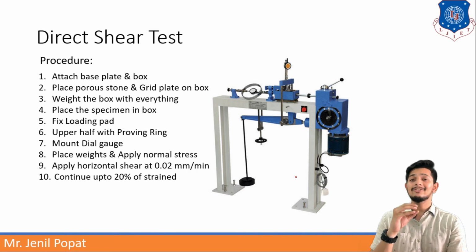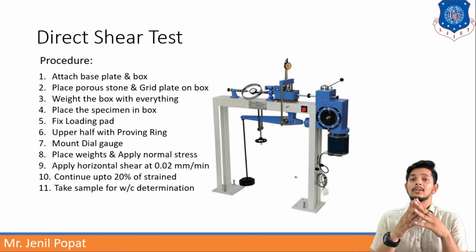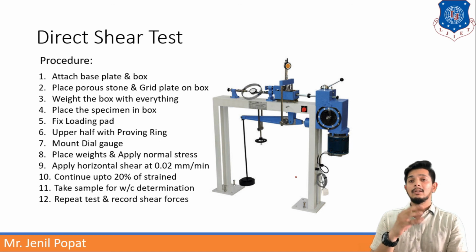So when the box is strained almost up to 20%, till then you have to apply the shear stress as well as normal stress. Now after getting it strained, you have to take it for water content determination in the lab, and repeat the test and record shear forces. So you have to repeat the test with variations in the normal weight or normal stress on that soil specimen, and shear stresses will change.